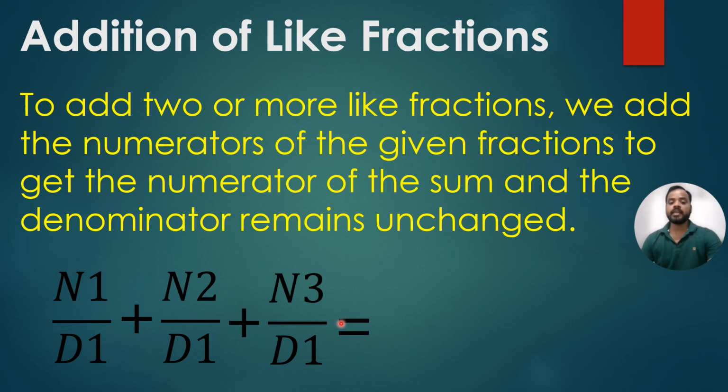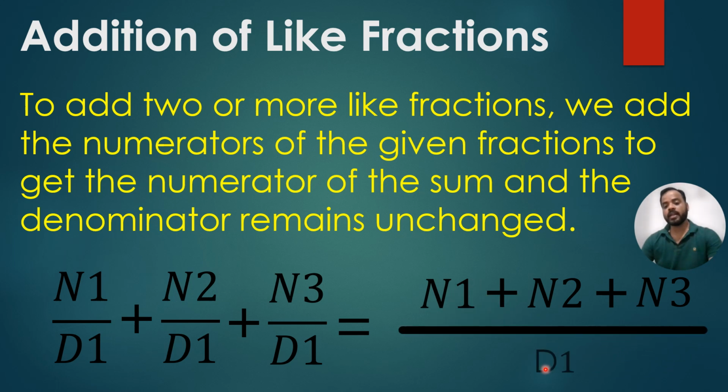So to get the sum of these three like fractions, we add the numerators: numerator 1 plus numerator 2 plus numerator 3. The denominator remains the same because the denominator for all like fractions is same. So the new fraction will be the sum of the numerators divided by the denominator.